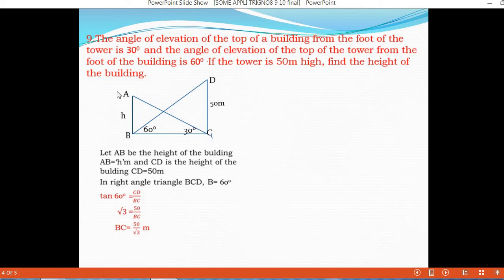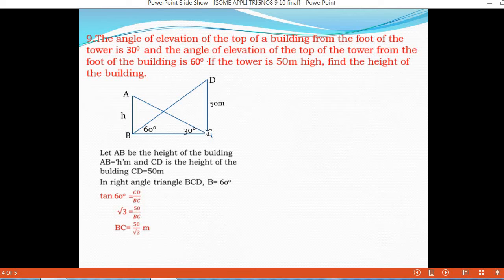We have to find the height of the building AB. Here the tower height is given, it is 50 meter.